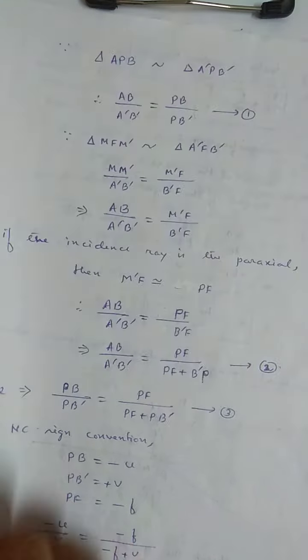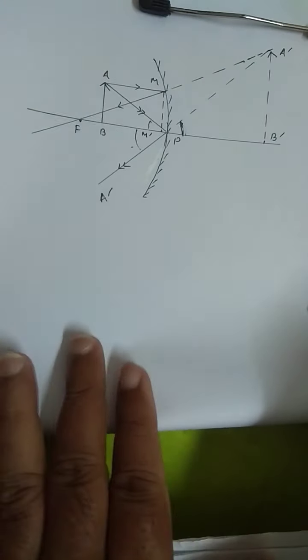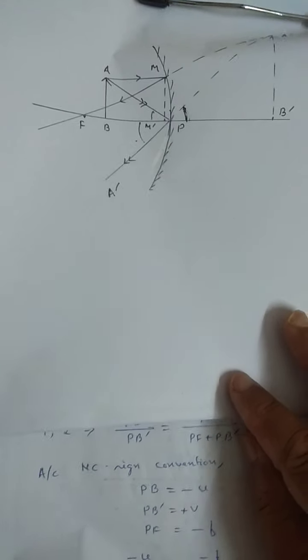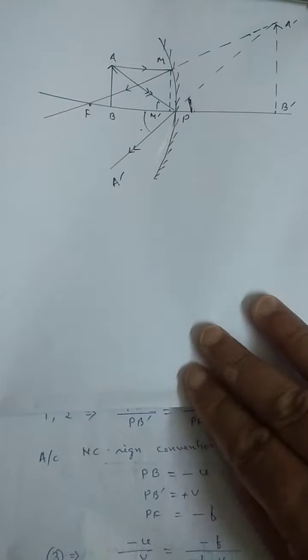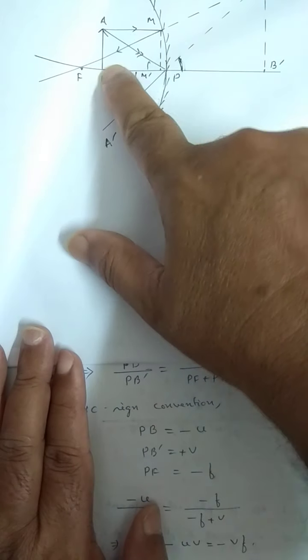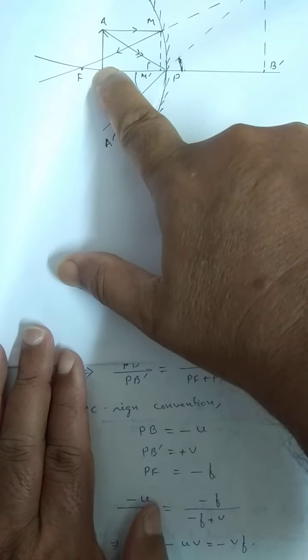Now, what is PB? According to convention, PB means object distance.